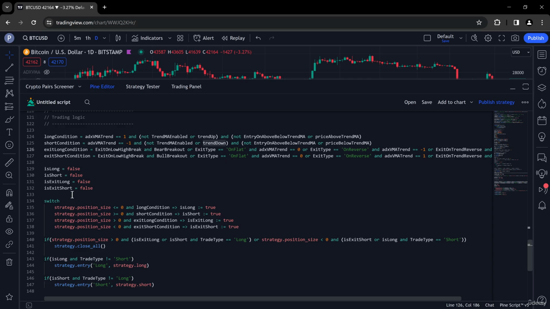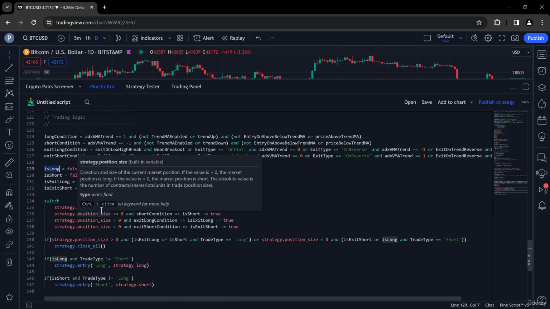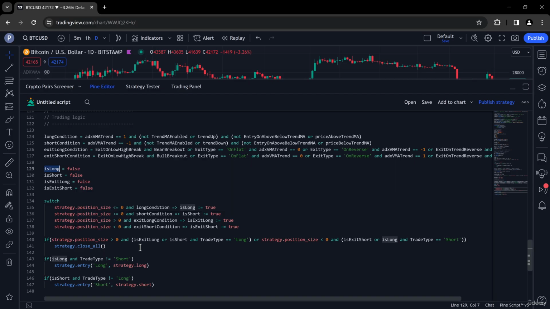Next we are going to set the signals, long, short, exit long or exit short, that we are going to use in order to allow trades for our trading strategy. So these are going to be boolean variables, and by default we set them to false. And in this switch we are going to set either of these four variables depending on the certain condition.